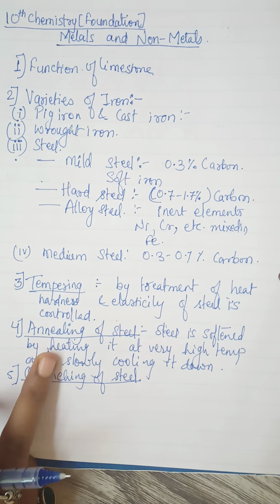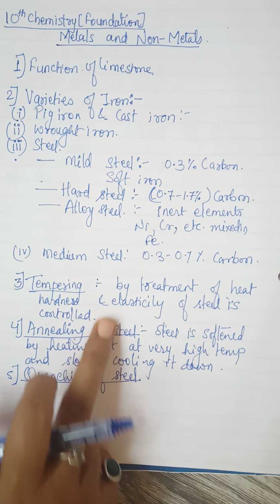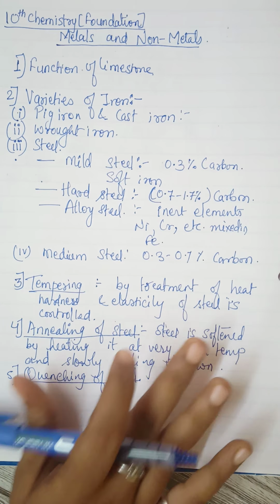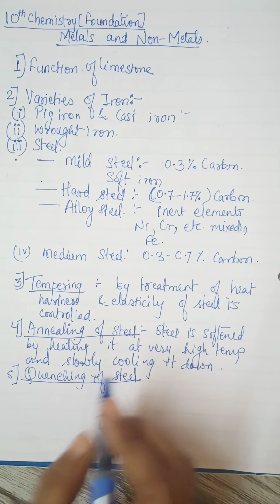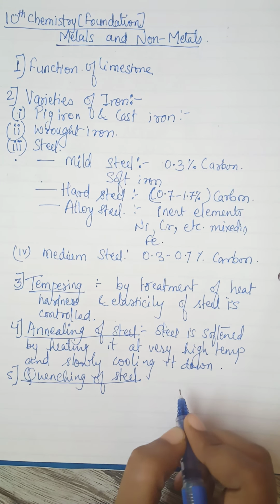So this is softening, this is hardening, and this is controlling the hardness and the elasticity of the steel. So we'll just simply write it here.